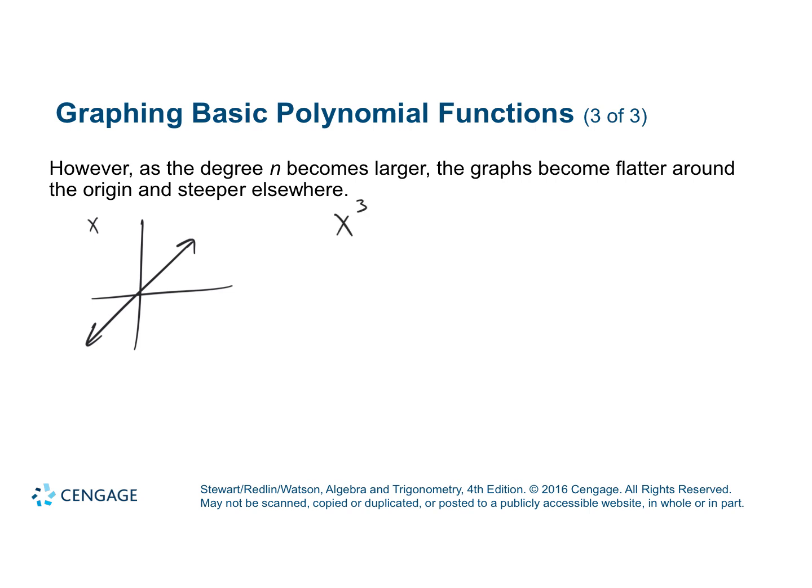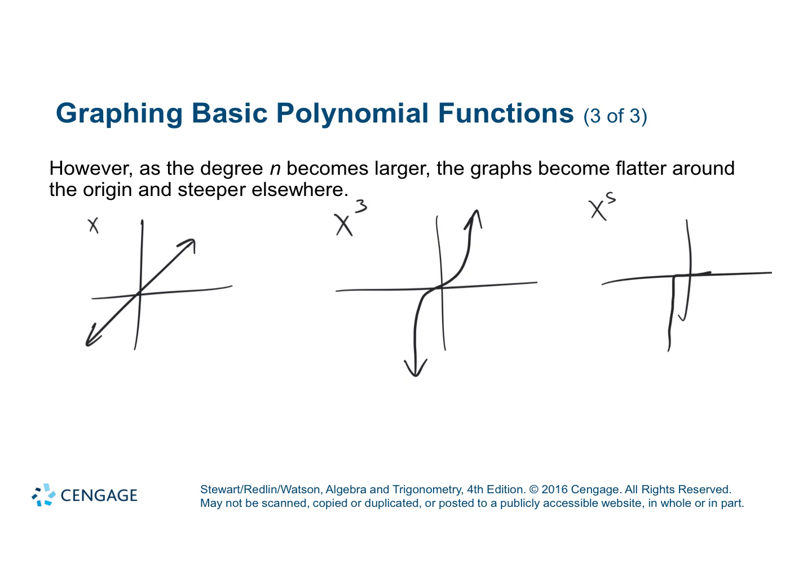If you have an x cubed, you have a graph that looks like this. So you see how it's slowly getting flatter. But if you have an x to the fifth, I'm just doing an example, you're going to get it even sharper, then flatter, then sharper. Now, of course, I am exaggerating this drawing so you get the idea. That's what happens when the exponent gets larger, but the end behavior stays the same.